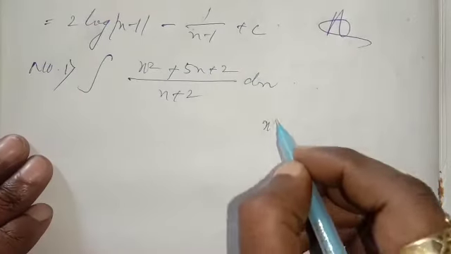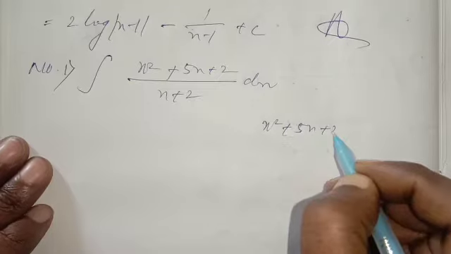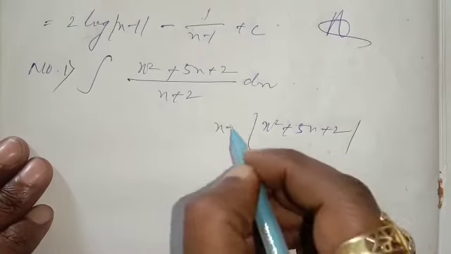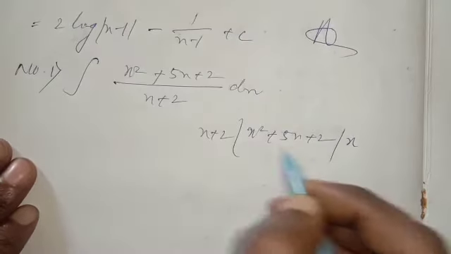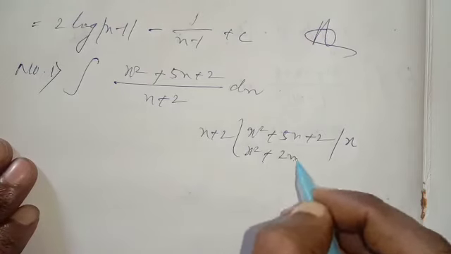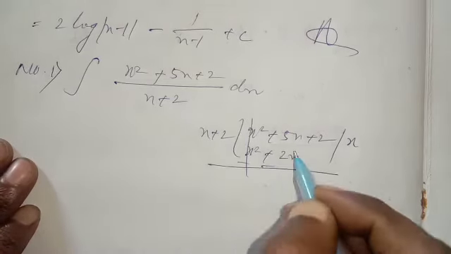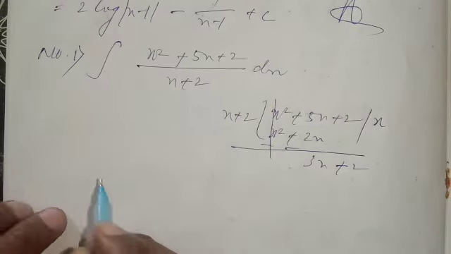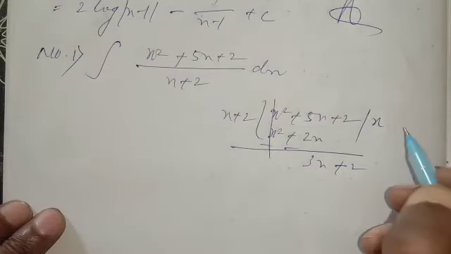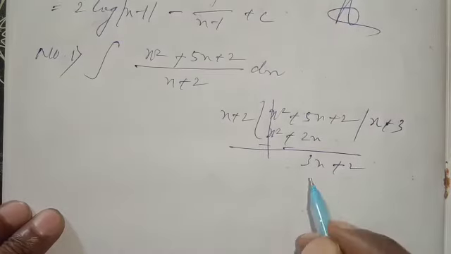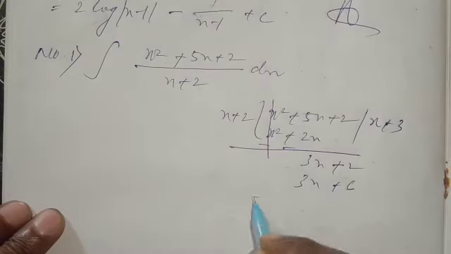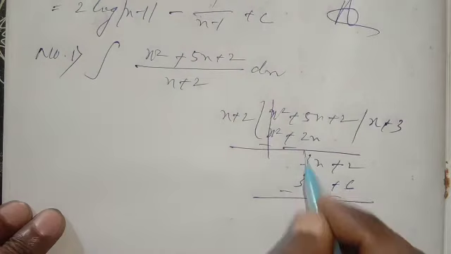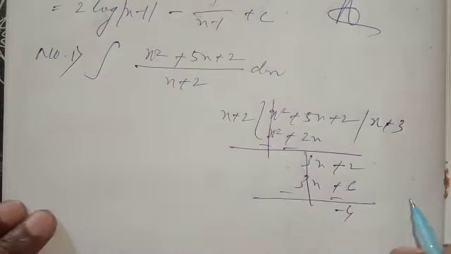If you divide x square plus 5x plus 2, you have to see how much is coming. This will be x square plus 2x, cancel, 3x plus 2. That means you write here 3. Then this will be 3x plus 6, minus 4 is the remainder.